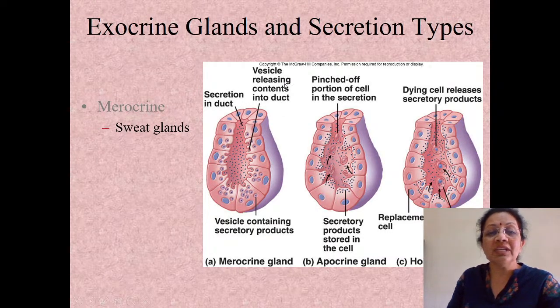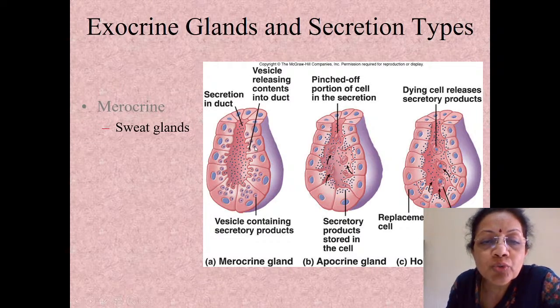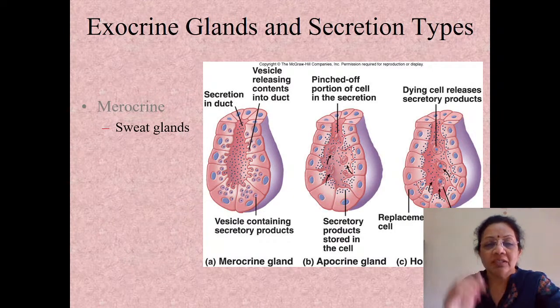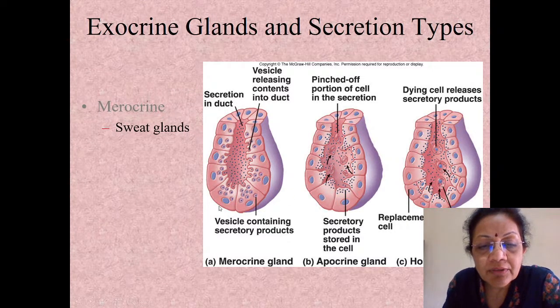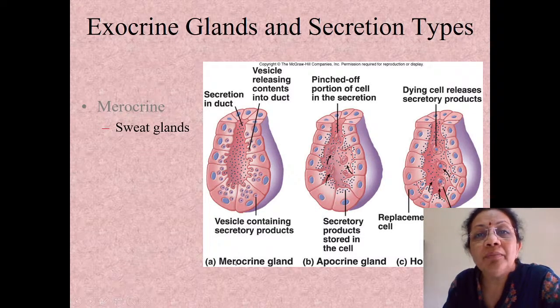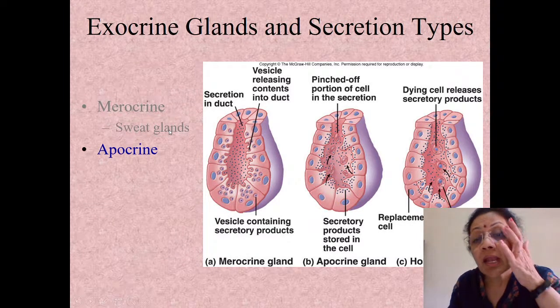So the vesicle releases the contents into the duct. Can you see, the vesicle goes to the surface of the cell, and then the vesicle reaches the cytoplasmic membrane and then is emptied into the lumen. So the secretory products rise to the luminal surface in their vesicles and then are shed from the luminal surface. This method is called merocrine secretion, and an example is sweat glands.